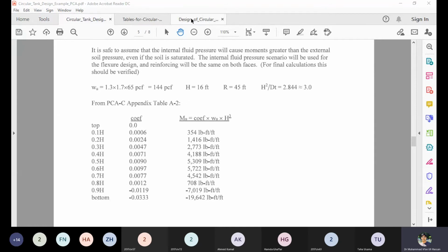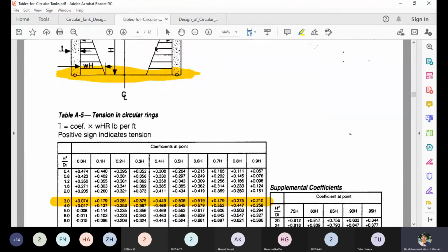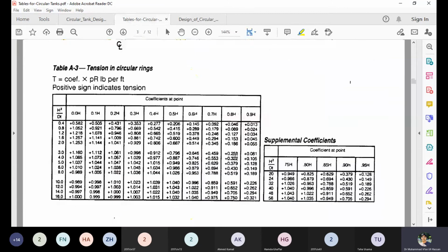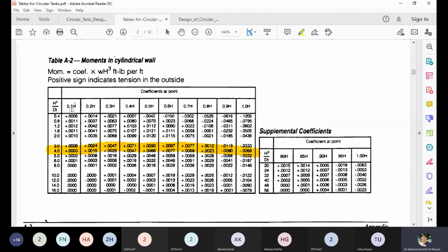This coefficient is now for the flexure case. So go to the tables, and for the bottom fixed case, the moment coefficient is to be seen. So for the h square over dt value, for computing the moment, the formula will be coefficient into WH cube. This is a UVL.